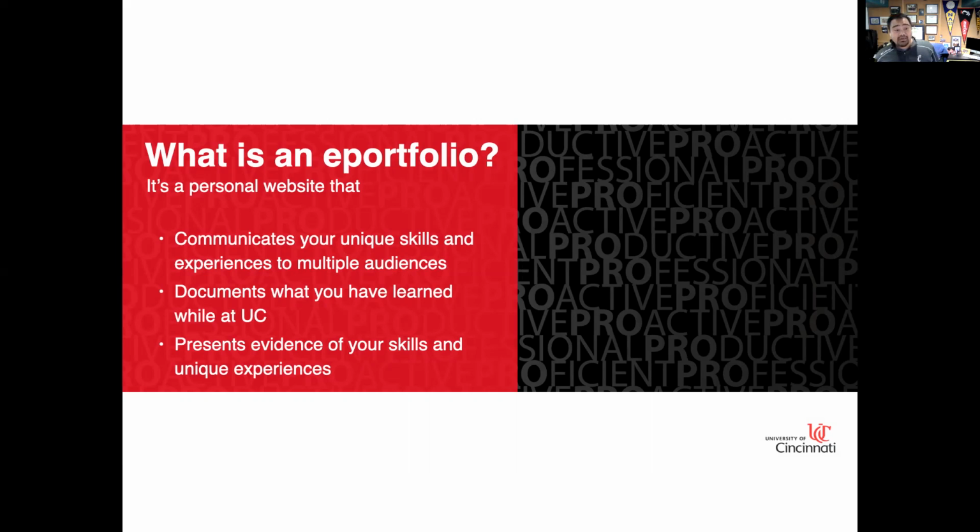And the key thing is that it presents evidence of your skills and experiences. So in another sense, while you define what it is to be an engineer, what makes you a unique engineer?